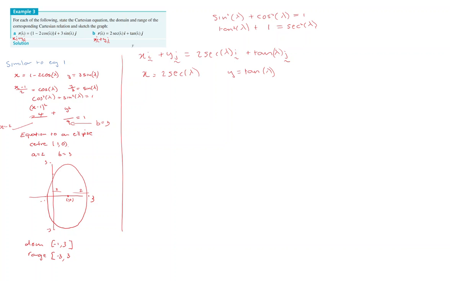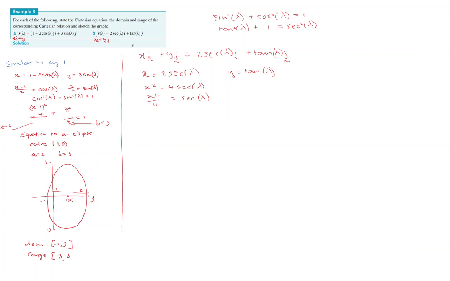So if I square this, because I'm going to need to square them, that's going to give me 4 sec squared lambda. And so sec squared lambda will equal x squared on 4. And tan lambda is going to be equal to y, so we'll just leave that one as it is.